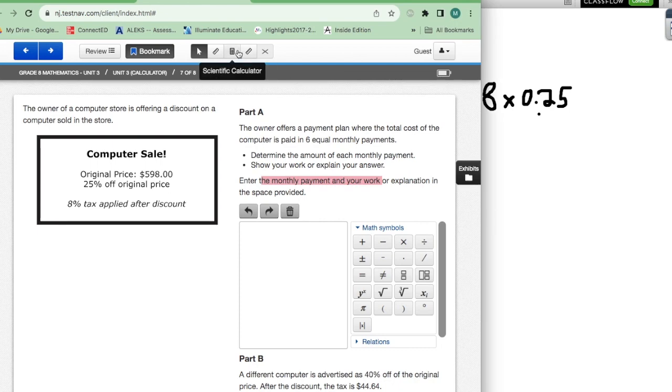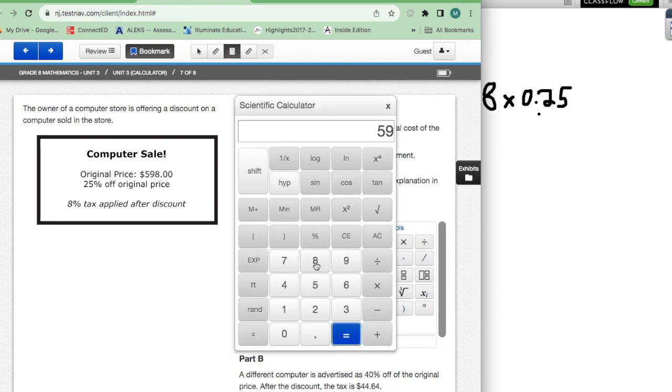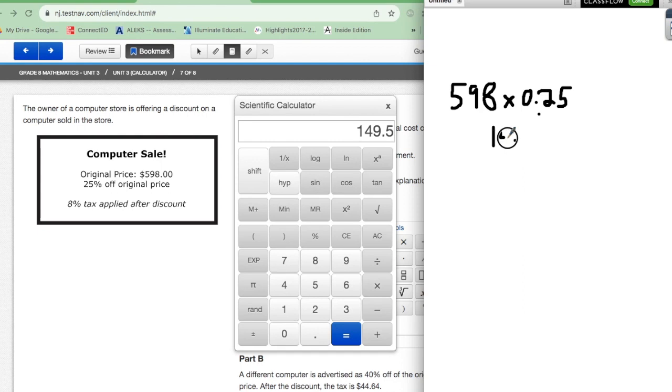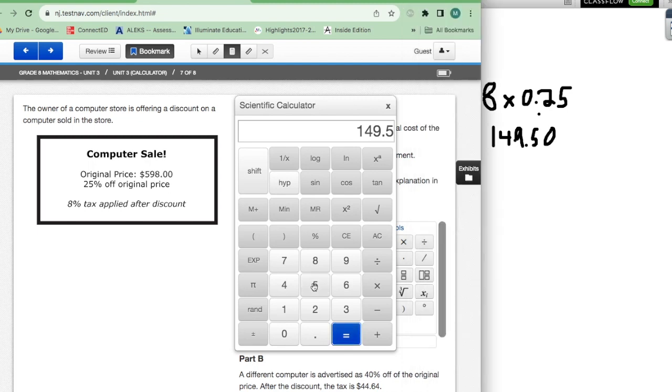All right, so let's go ahead and use our calculator. 598 times 0.25. So I'm going to save 149.50, which means I got to subtract it. So 598 minus the savings, 149.5.